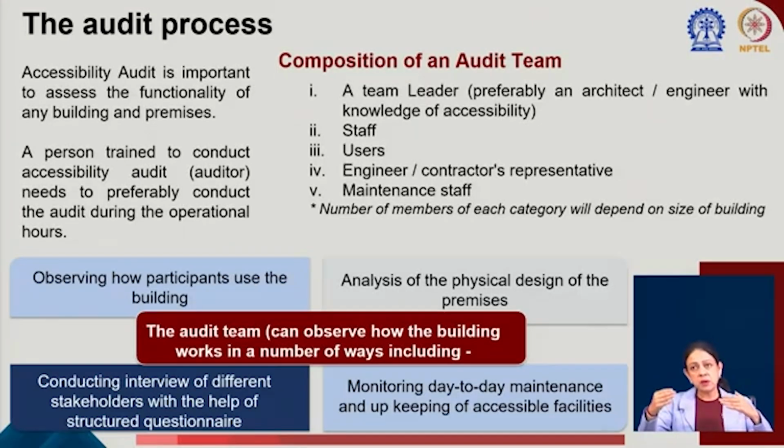And also the last part, it is important that when you are doing this observation, you observe the building when it is functioning. Say you are auditing a school building, it makes sense that you do the audit, of course not compromising with the school activities, when children are there, so that by observing them you can find out where lies the problem. So, that is, in a nutshell, the audit process.